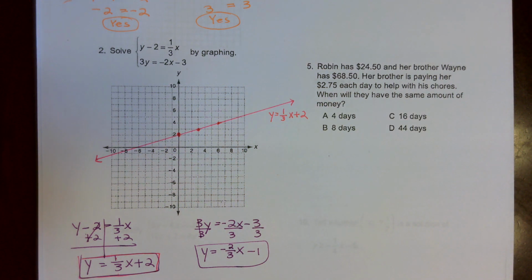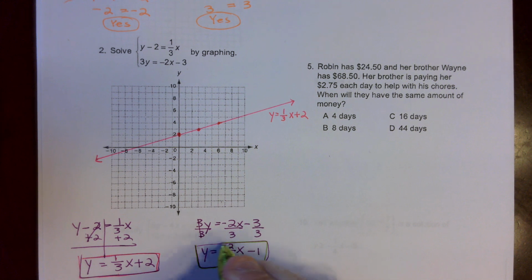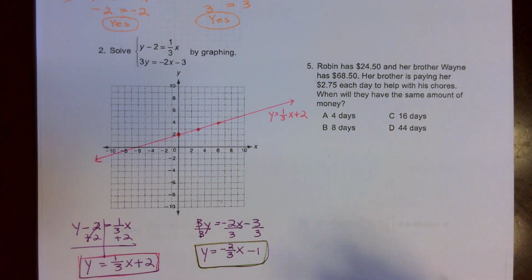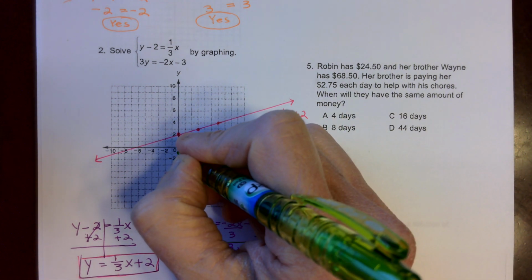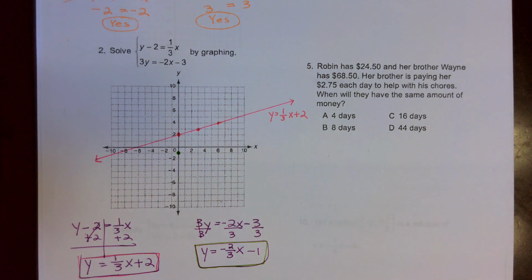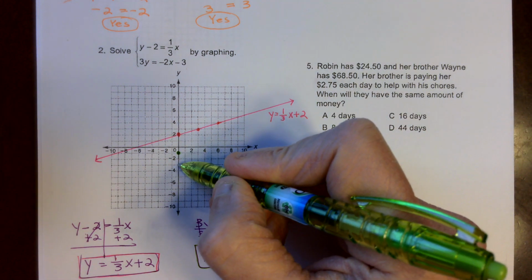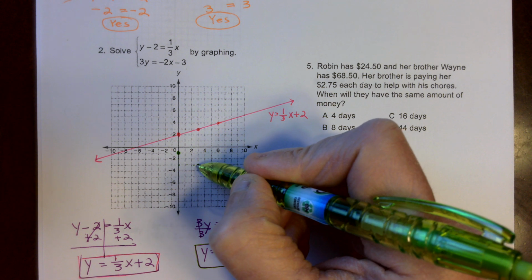All right, let's do this one in green. And y-intercept is -1. So go down there. And then the slope is a -2/3. So I could either put the negative with the 2. So that would be down 2, run 3.